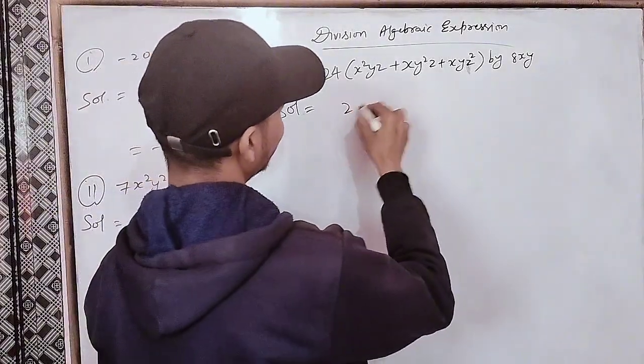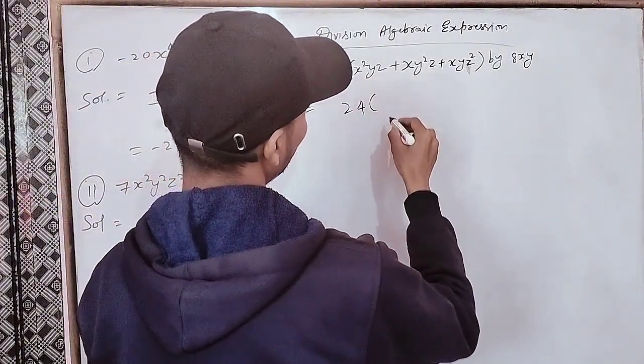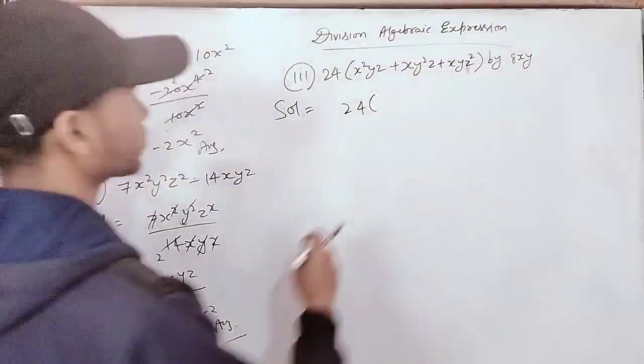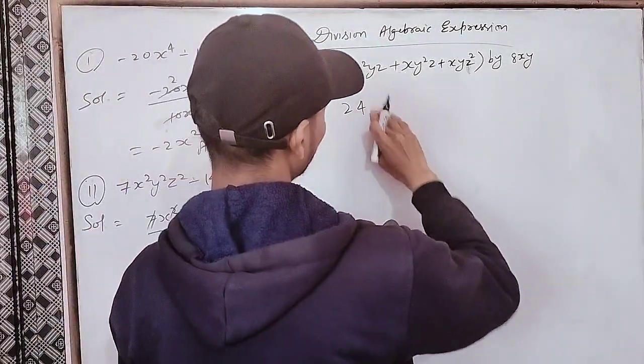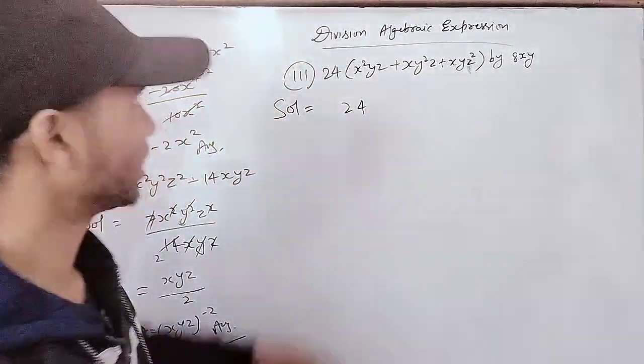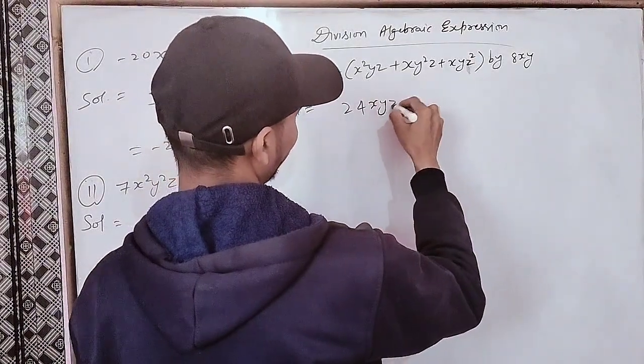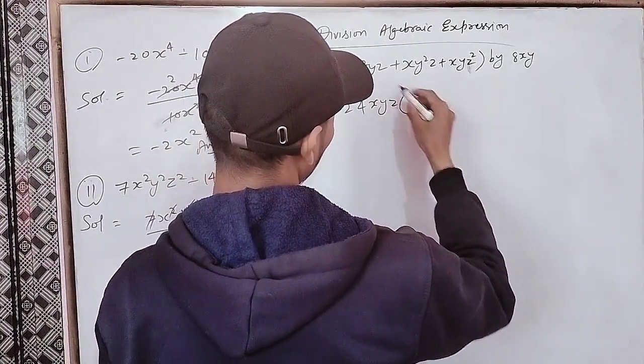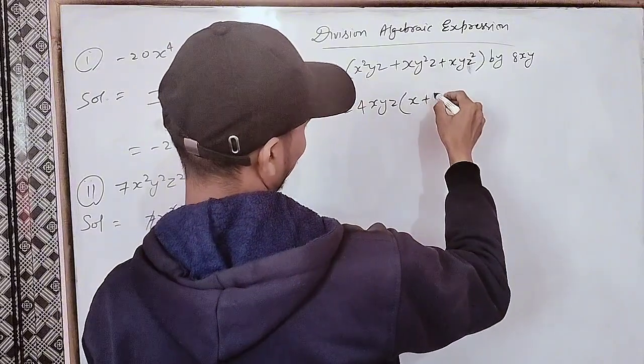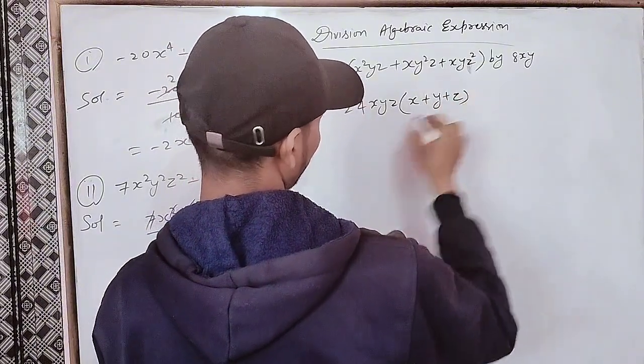So we have common x y z in each term. You can see x, y, z.